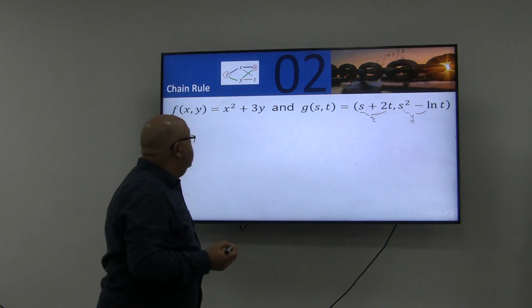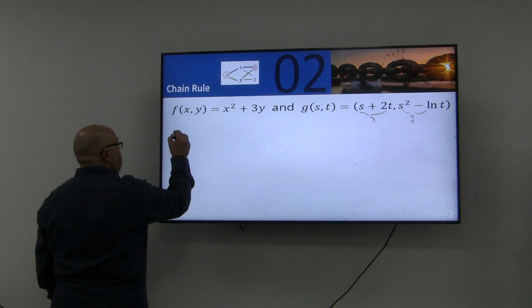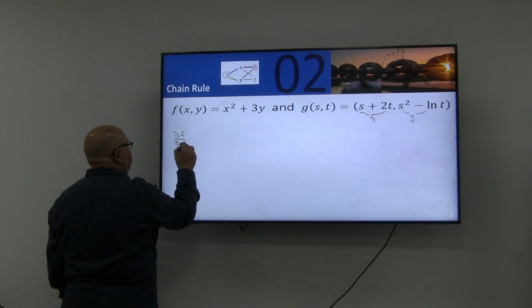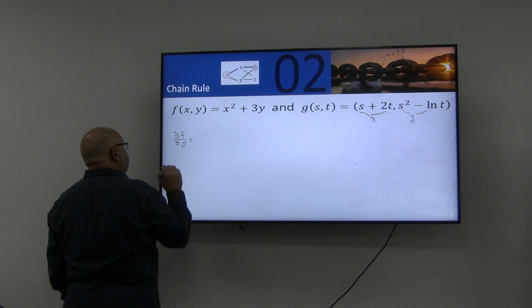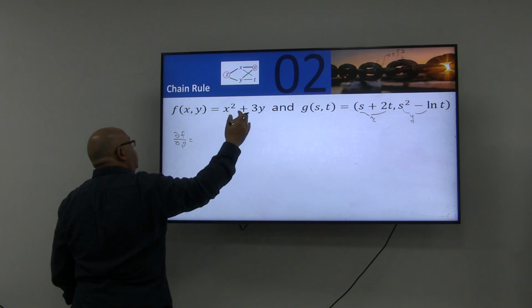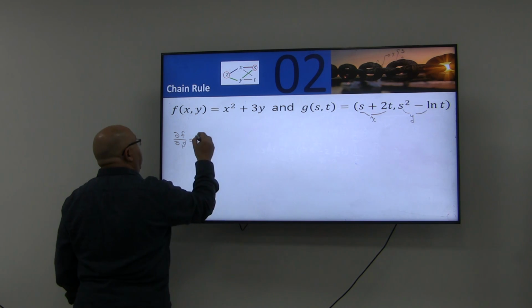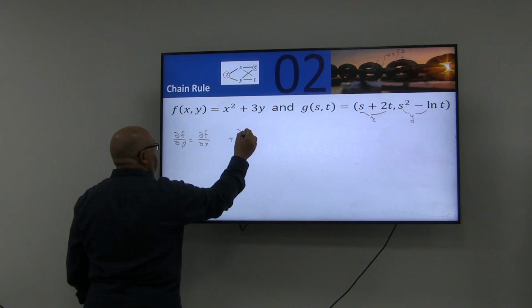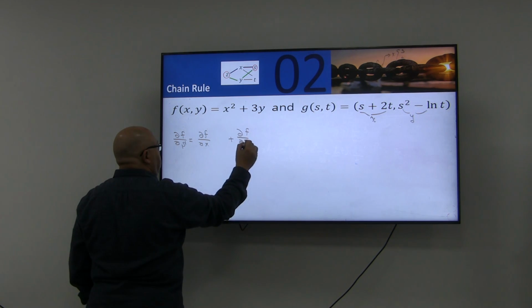So if I want to find partial f partial s, first I will have to differentiate f with respect to its own variables. So it's going to be partial f partial x, then plus partial f partial y.